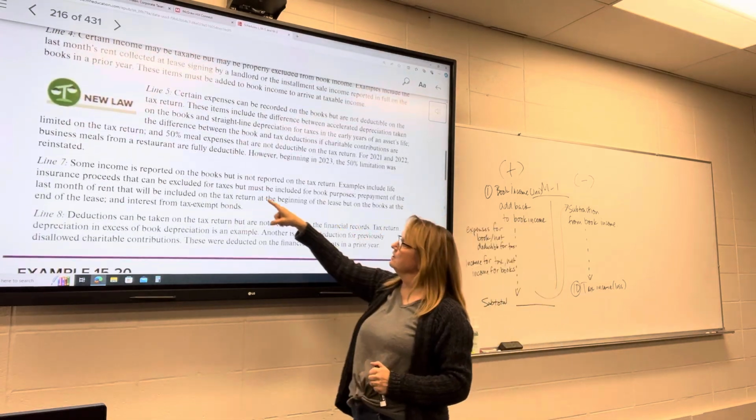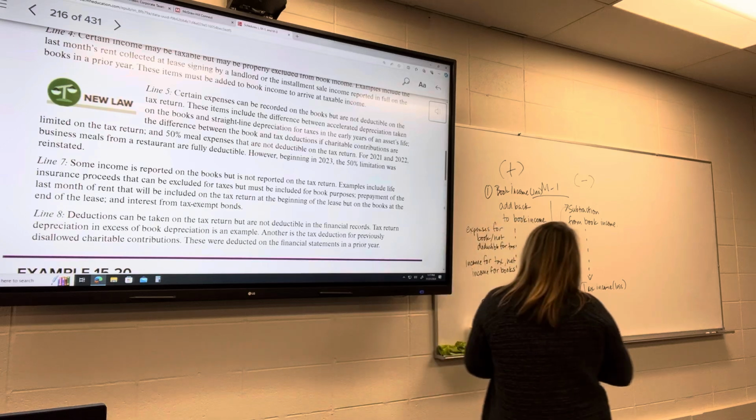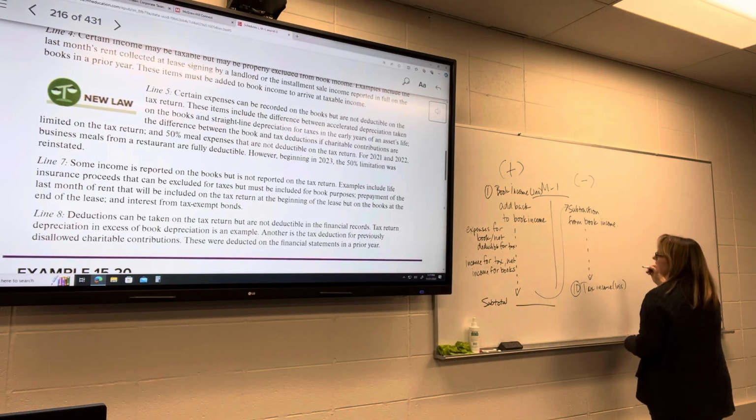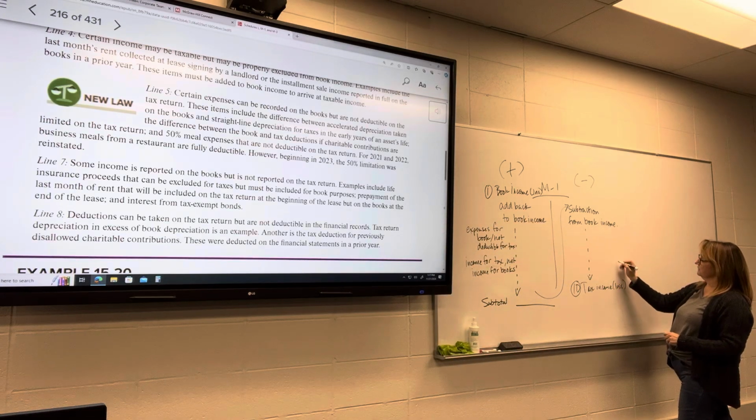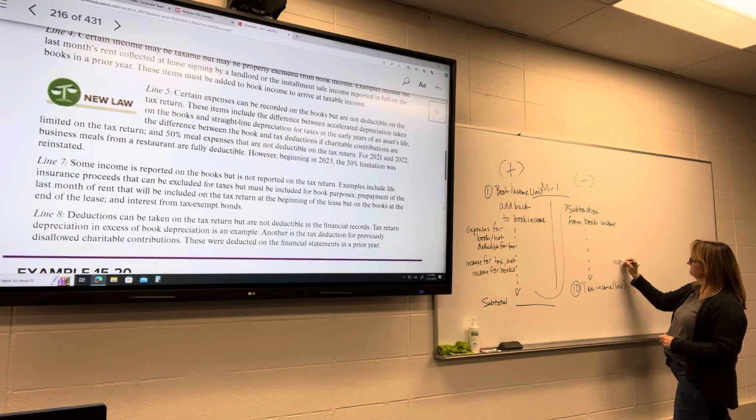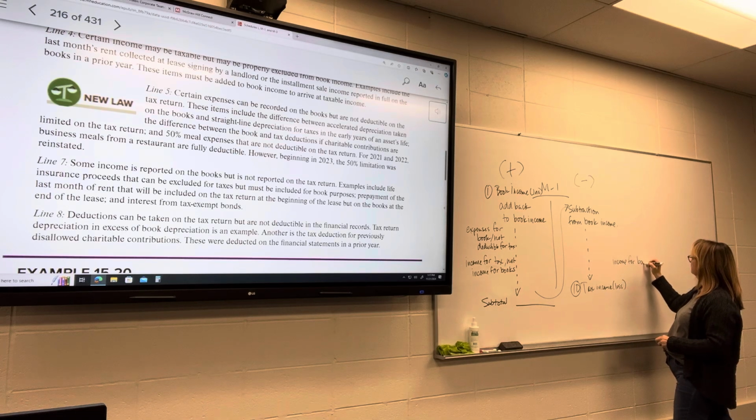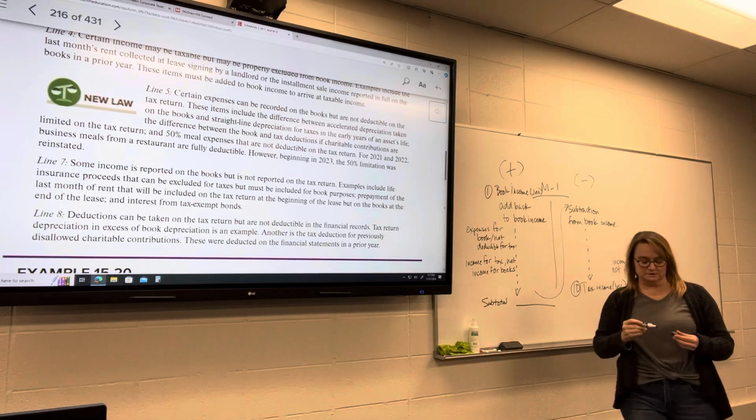Income that's reported on the books but not reported on the tax return. So again, I'm going to put that down here. So income for books, not for tax. Life insurance might be one of those examples.